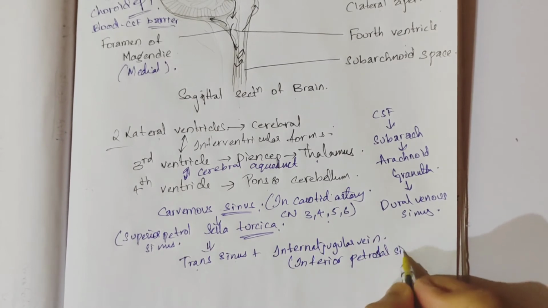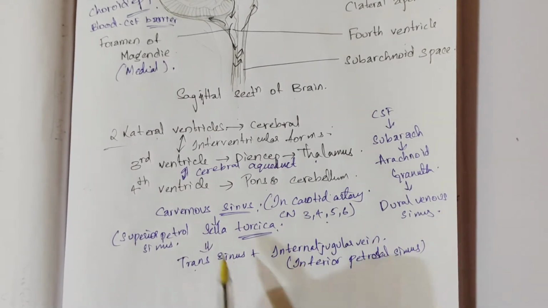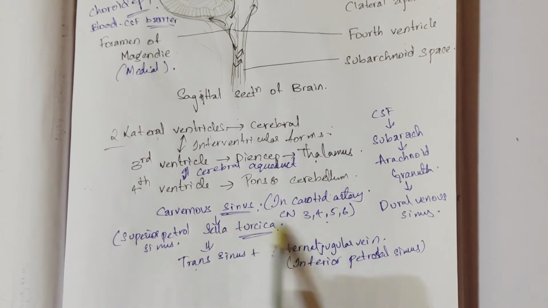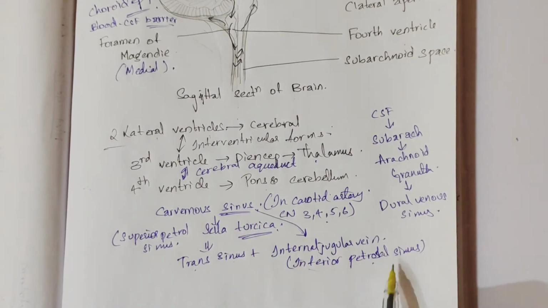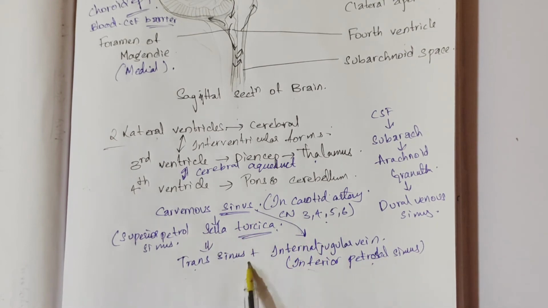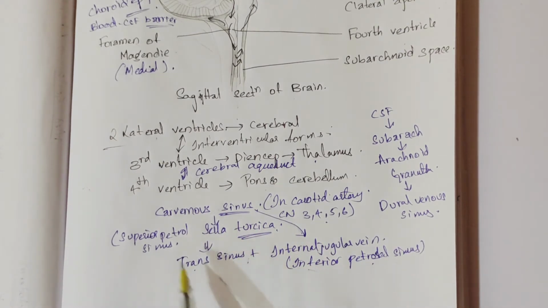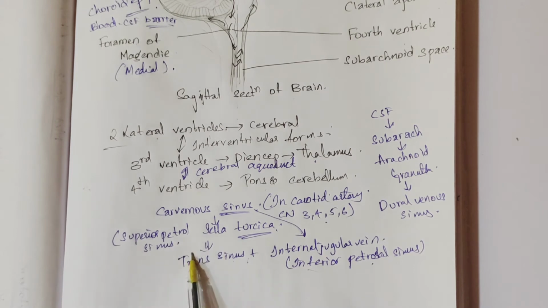Petrosal sinus, not petro. Cavernous to internal jugular vein by the inferior petrosal sinus, and cavernous to transverse sinus via the superior petrosal sinus.